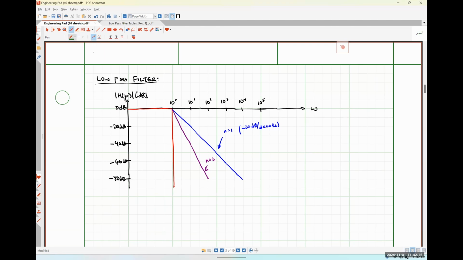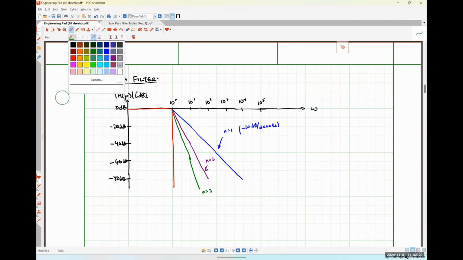For a third order filter, it would roll off like this. And for a fourth order filter, it would roll off like this, so on and so forth.